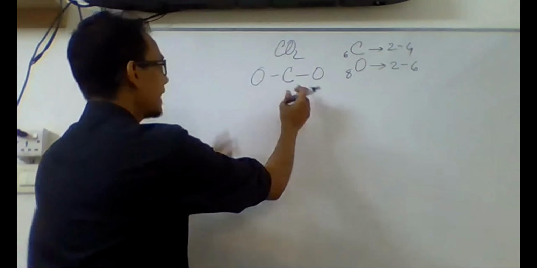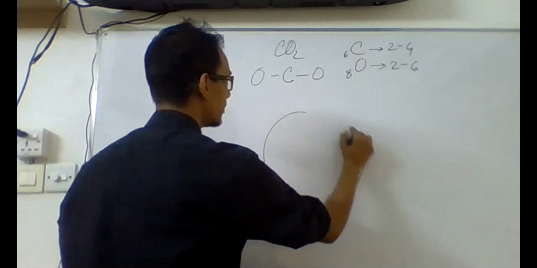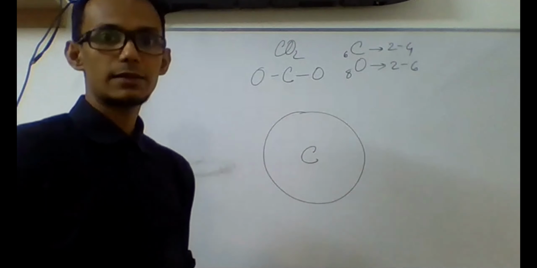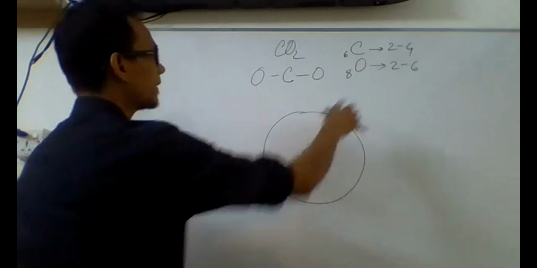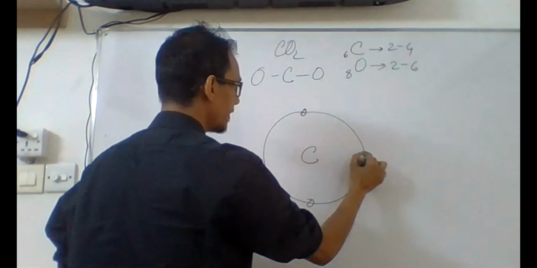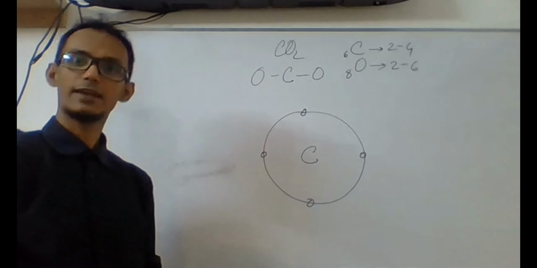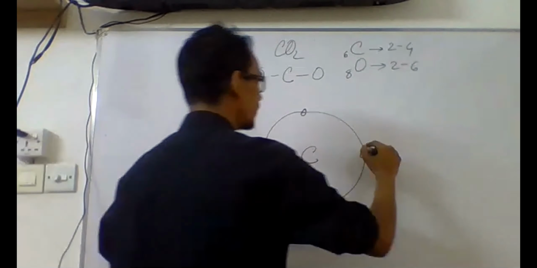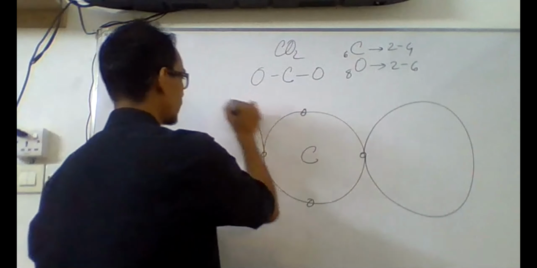So carbon should be in the middle. Let us draw a carbon atom. How many electrons are present in carbon? 4. So north, south, east, west, 4 electrons. Now one oxygen will join with carbon, and another oxygen will join with carbon.